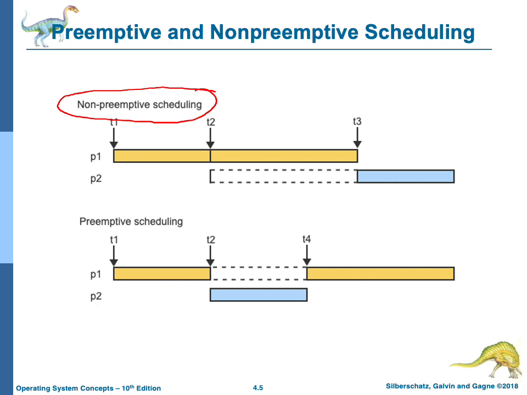So you can see here that process P1 starts executing at time T1, and even though we have another process P2 who's waiting, we are not allowed to interrupt P1 until P1 is completely finished or voluntarily yields the CPU.